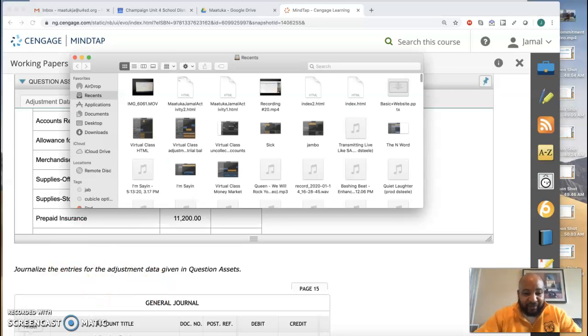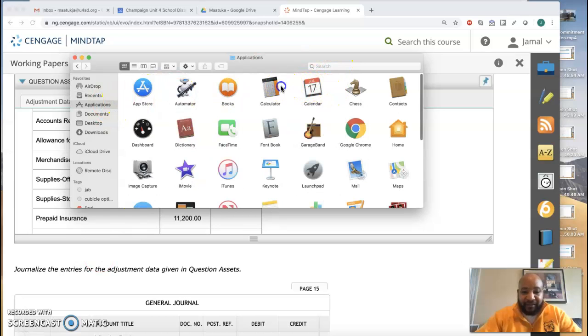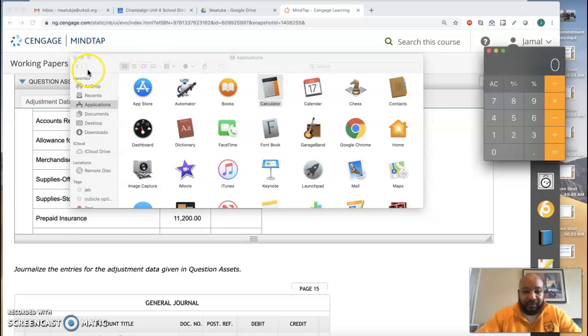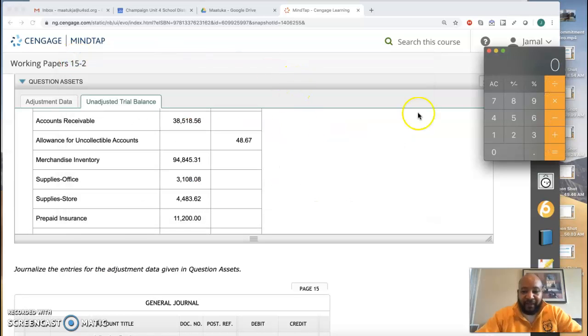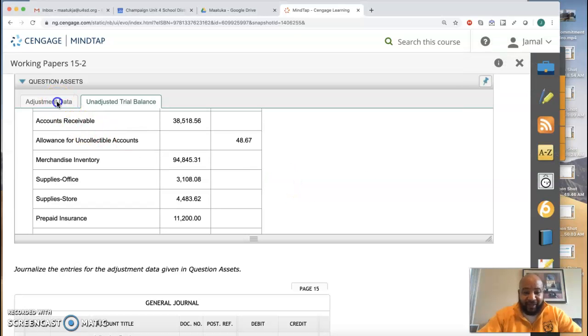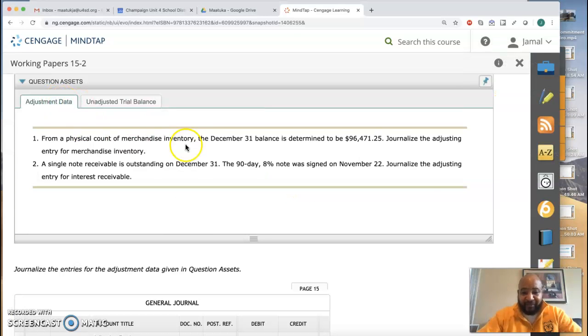I'm going to grab my handy dandy calculator. Let's go down here. Let's search for my calculator. Applications. There it is. Let's get rid of this. So we started with $94,845.31. And now I'm putting minus, but it's really not a minus because I should have started with the bigger number.